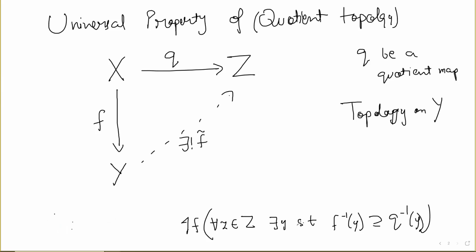This is necessary, right? Because if you take a point Z and you're pulling it back, then you get some things. Now all these things must be mapped to one point only. Is that, no? Wait, am I correct?